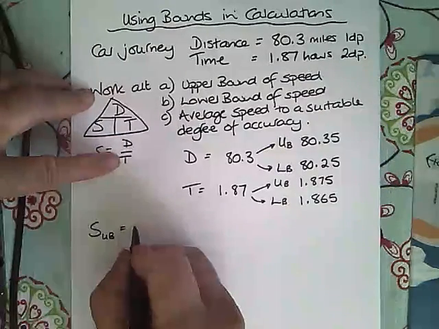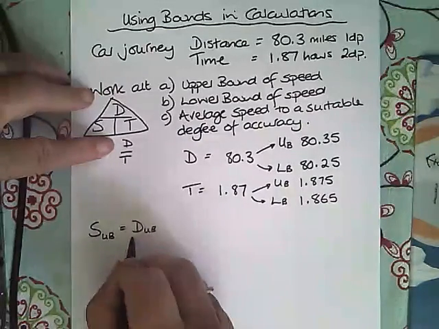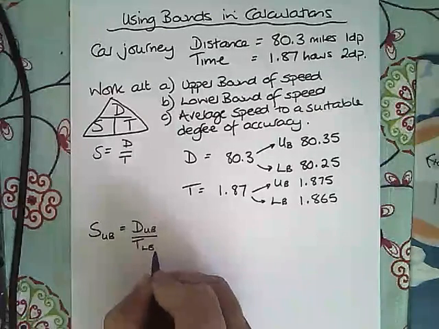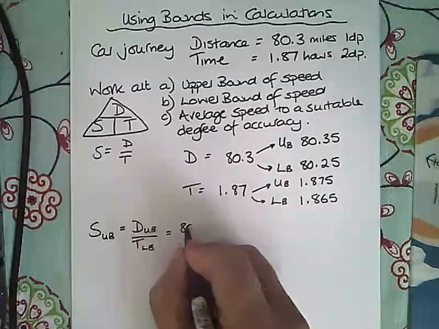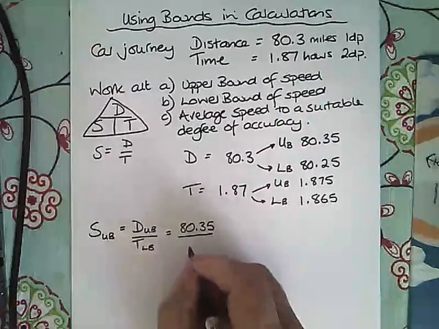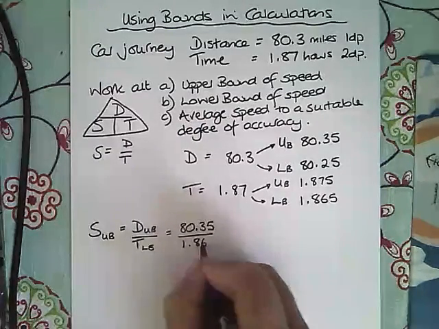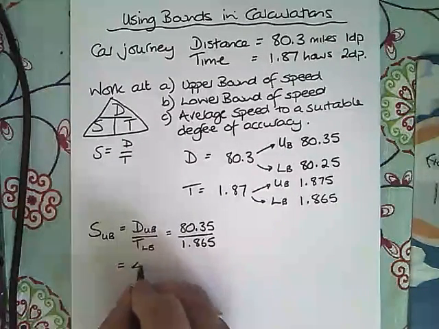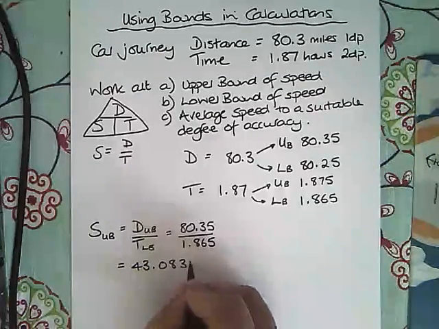So we use the distance upper bound, 80.35, divided by the time lower bound, 1.865, and that gives us a value of 43.08310992.